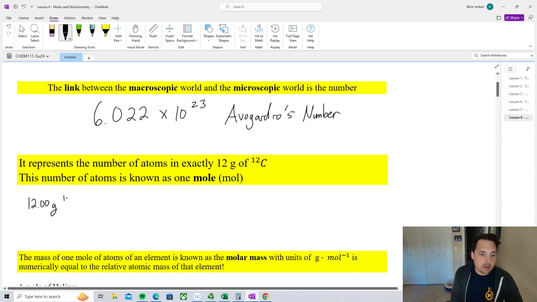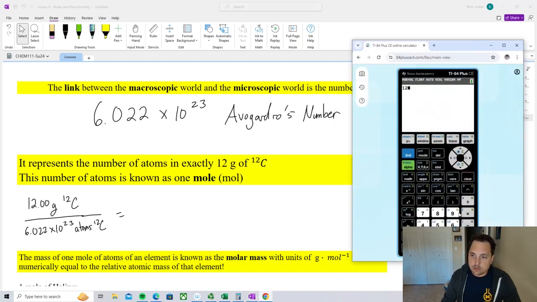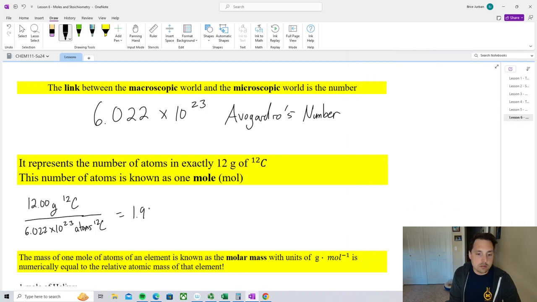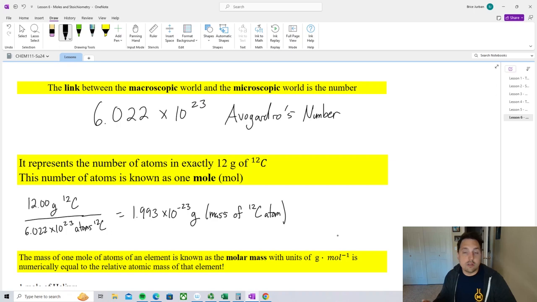If we have 12 grams of carbon-12 and we divide it by 6.022 times 10 to the 23rd atoms of carbon-12, what we'll end up getting is that the mass of a single atom of carbon-12 is 1.993 times 10 to the negative 23rd grams. That's a really, really small mass.